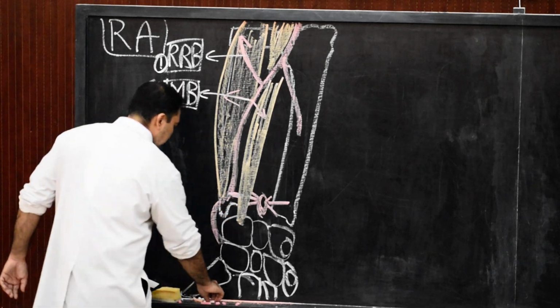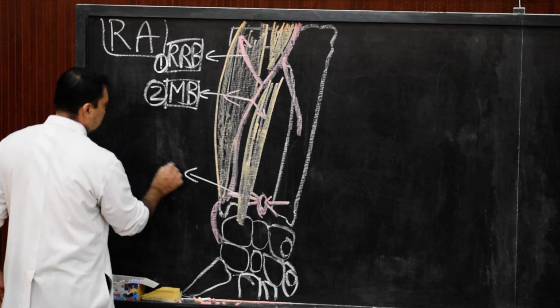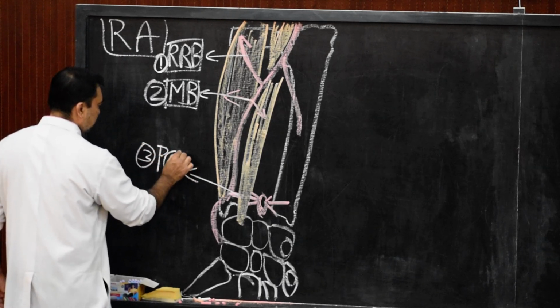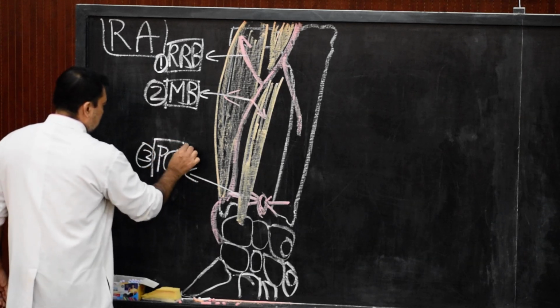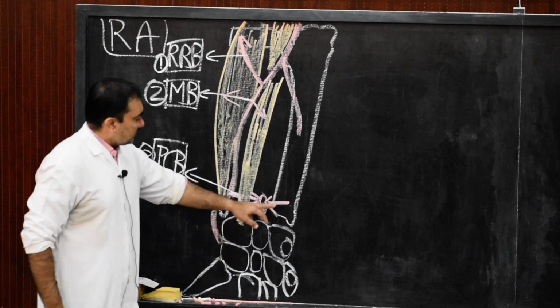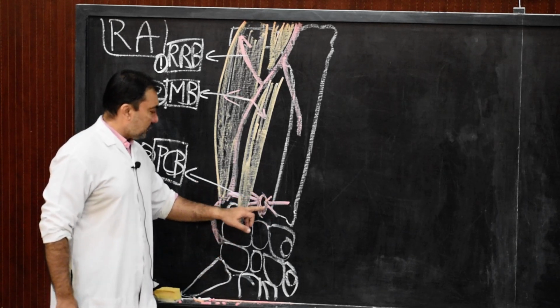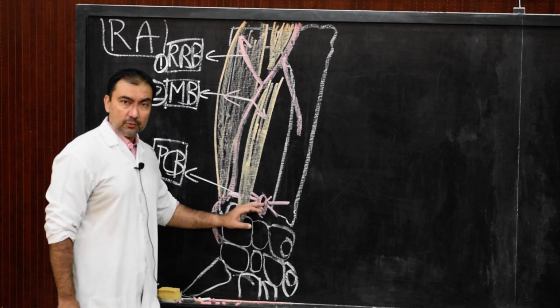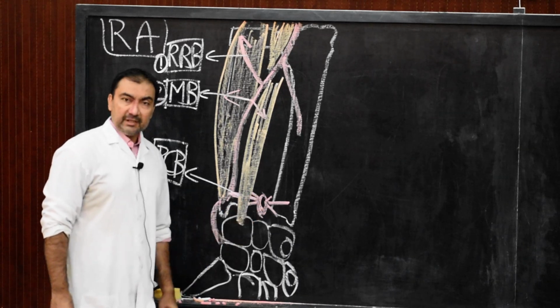So I will term it branch number 3, the palmar carpal branch. It will meet the palmar carpal branch of the ulnar artery and form the palmar carpal anastomosis in front of the carpus, in front of the lower end of the wrist joint.